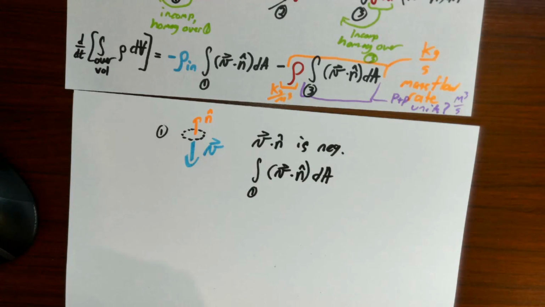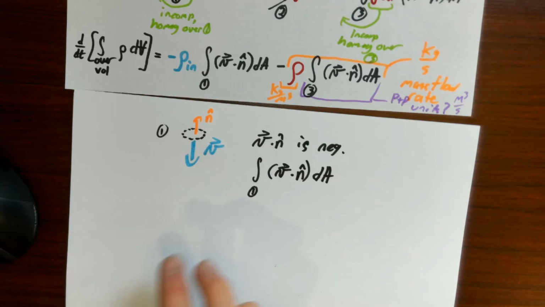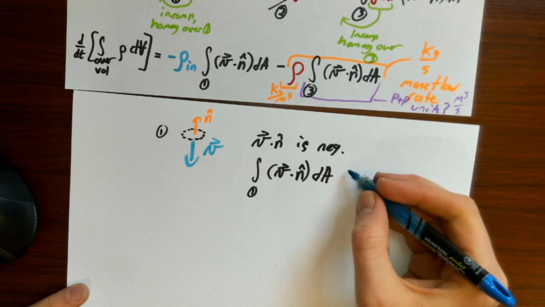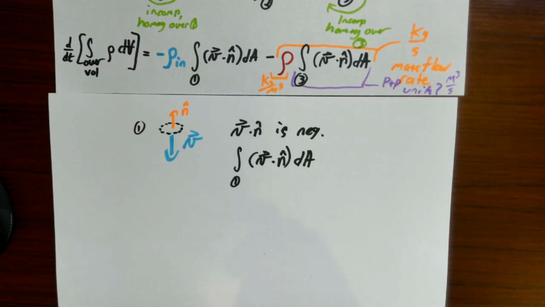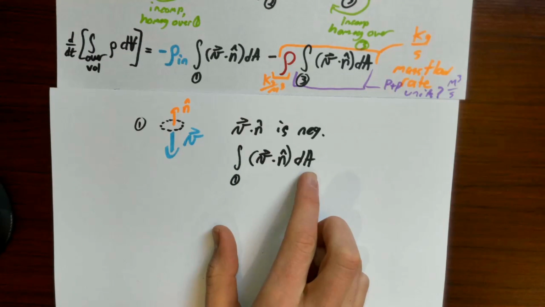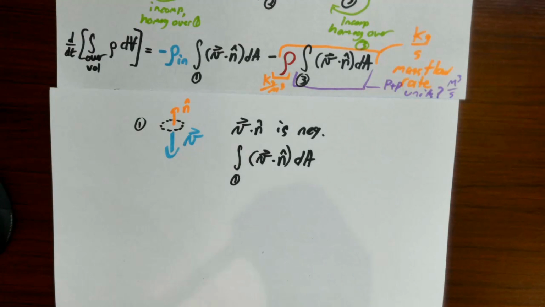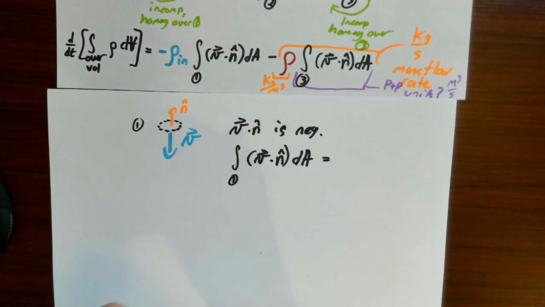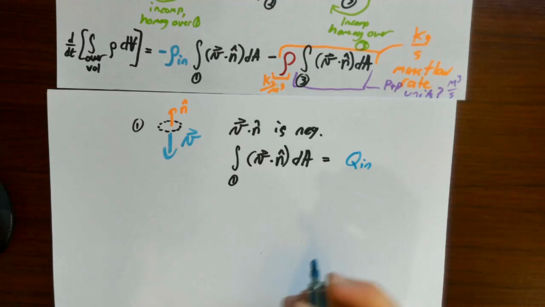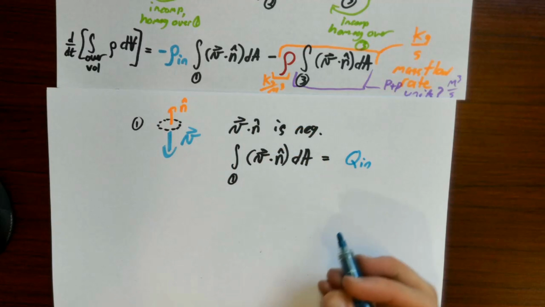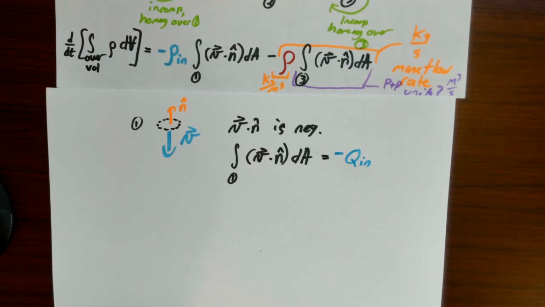In the case of surface 1, if flow is going in, then this integral over surface 1 is going to be equal in magnitude to Q in. But because v and n are in opposite directions, we're going to have that minus sign out there.